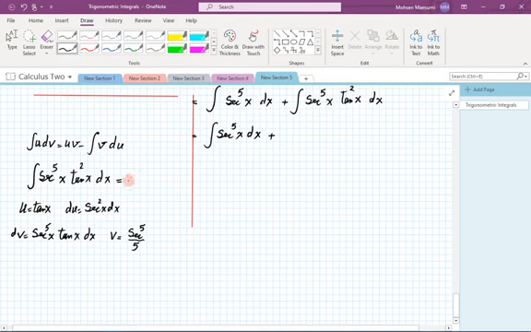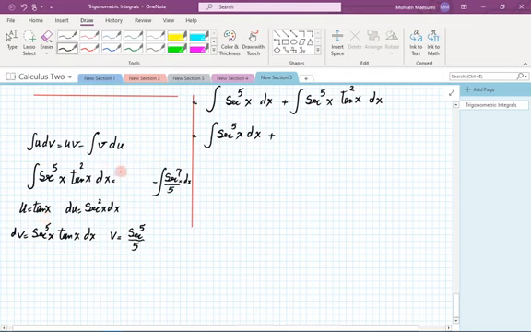So u times v will be the product of these two. So I'm going to have tangent times secant to the power of 5 over 5, and then minus v du. This times that is going to be what? V times du, secant to the power of 5 times secant to the power of 2 compresses to secant to the power of 7, with a 5 in the denominator, dx. Let me write this better.